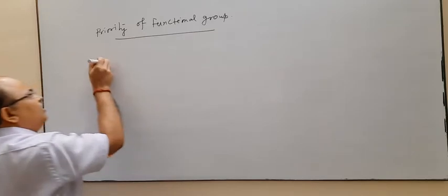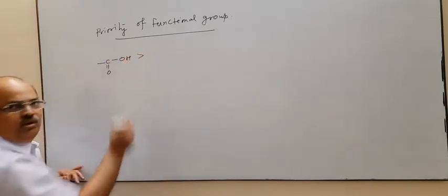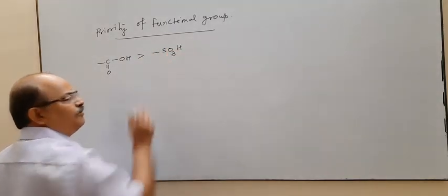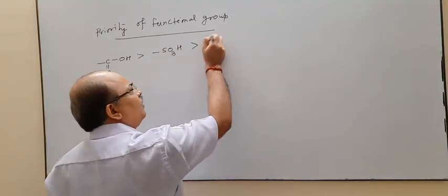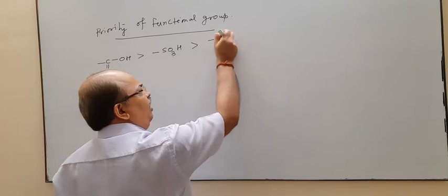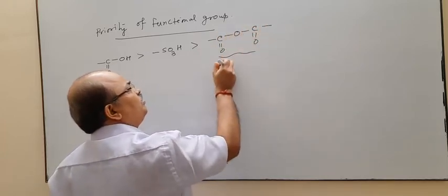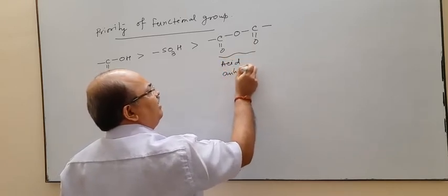Carboxylic acid is the most senior functional group. Then we have sulfonic acid. Then we have acid anhydride. This group is your acid anhydride.